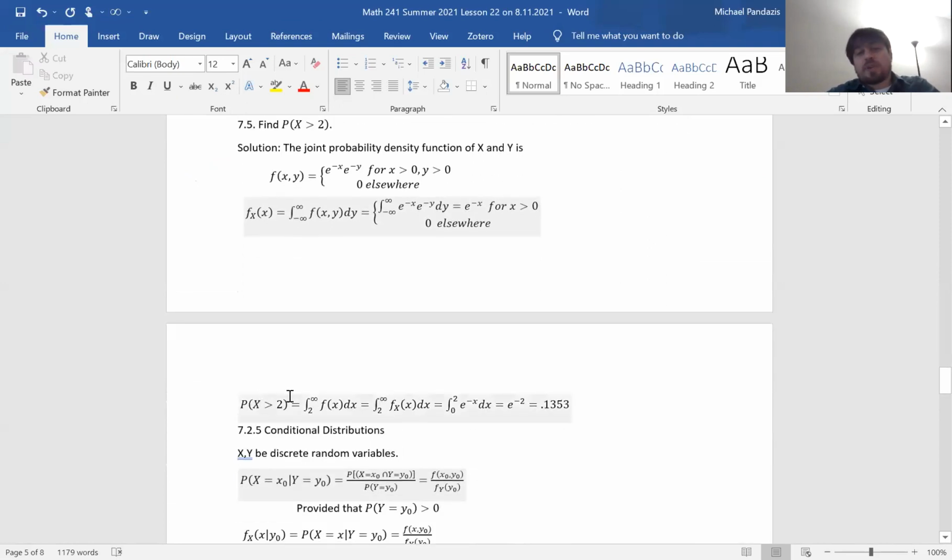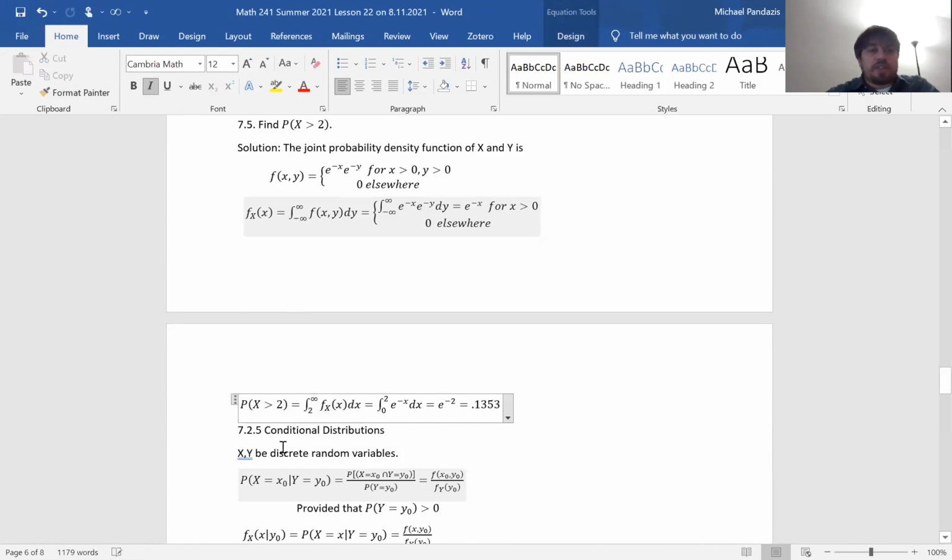And then the probability x is greater than 2. Well, the probability x is greater than 2, let's just write this.